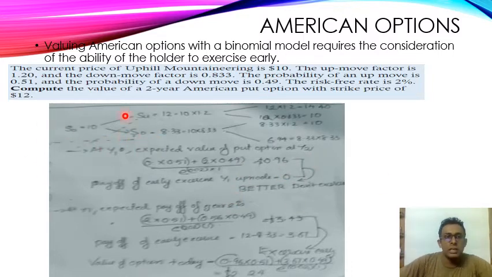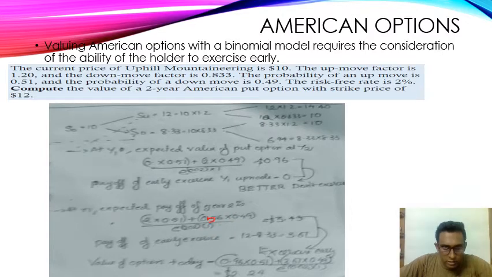Now I am standing at SD, that is 8.33, and I am trying to value the two nodes ahead. At SD, the expected payoff: if it goes to 10, I'll get 2 rupees, and if it comes down to 6.94, I'll be gaining 12 minus 6.94, which is 5.06.